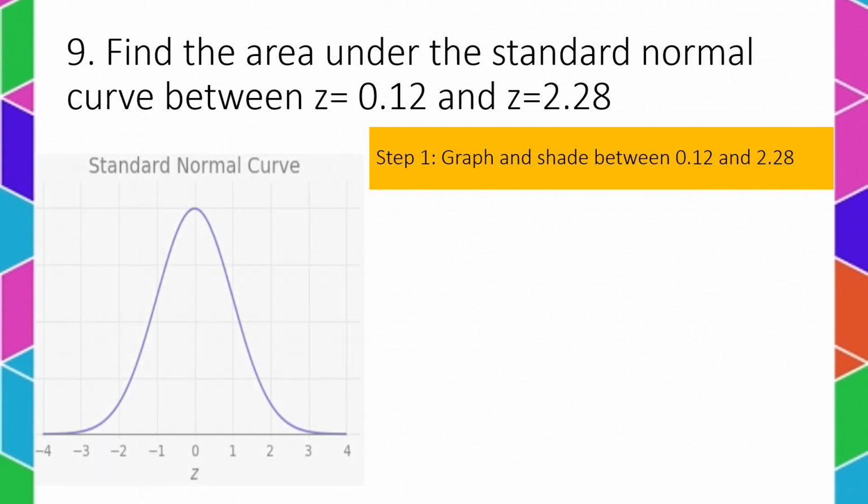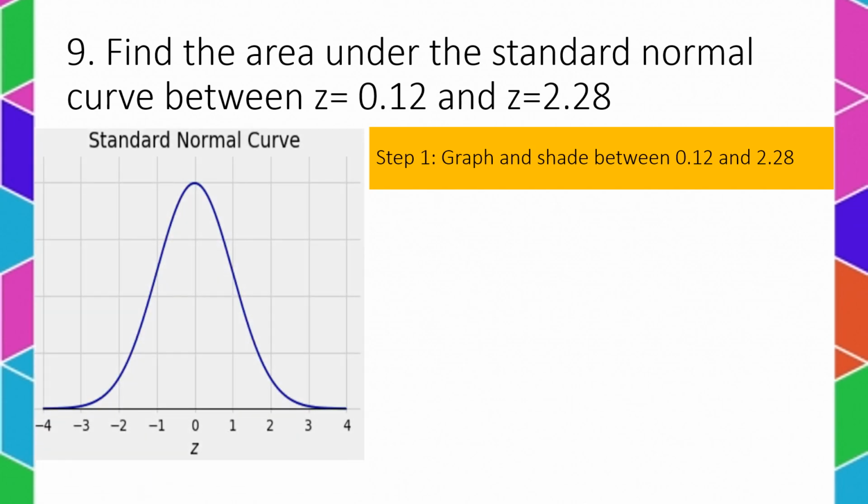So, since they are both positive, dapat makikita yan sa kanan ng 0. Tama po ba? Okay. So, 0.12 is at the right of 0. And 2.28, nandito din siya sa positive area.